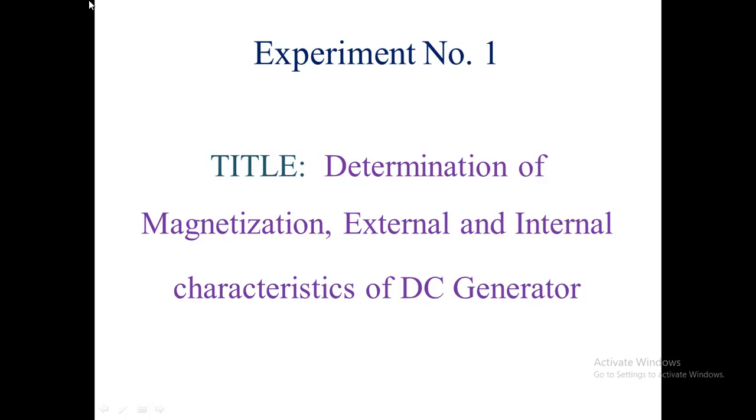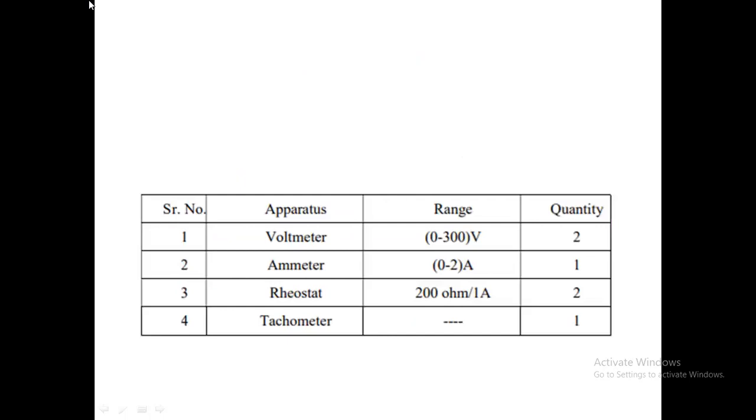So we have already discussed the magnetization characteristics, and the external and internal characteristics of the DC generator. Today we will find the magnetization characteristics, or the open circuit characteristics, also called the no load characteristics of a DC generator. This is the title of today's experiment, experiment number 1.